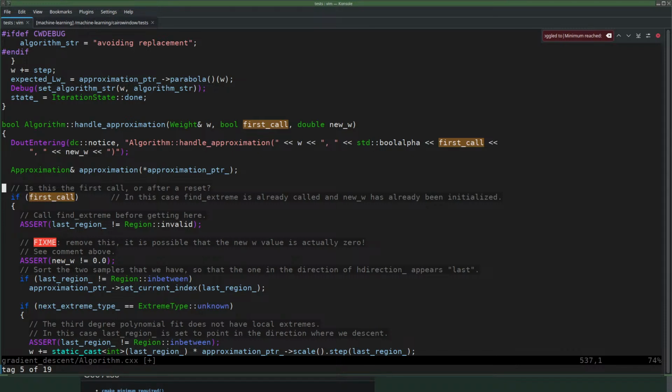So it's not the first call. We just keep adding new values while the approximation is actually a thing that points to the stack. Not to the stack, to a local extreme.